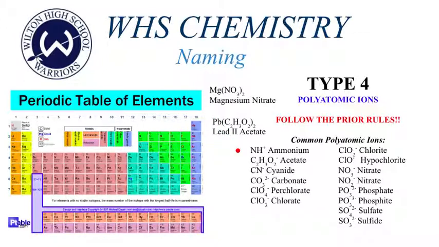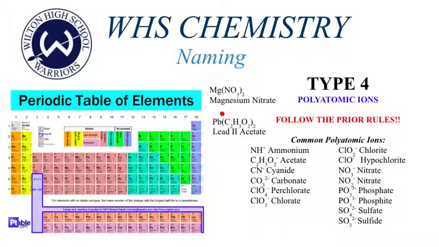Next example, we have lead 2 acetate. The Roman numeral is showing us the charge because lead, which is Pb, is right here. So it's a transition metal, which means it's like the type 2. So we can use Roman numerals to show this charge.